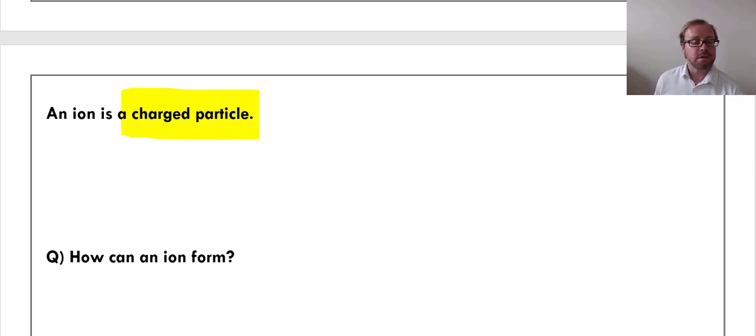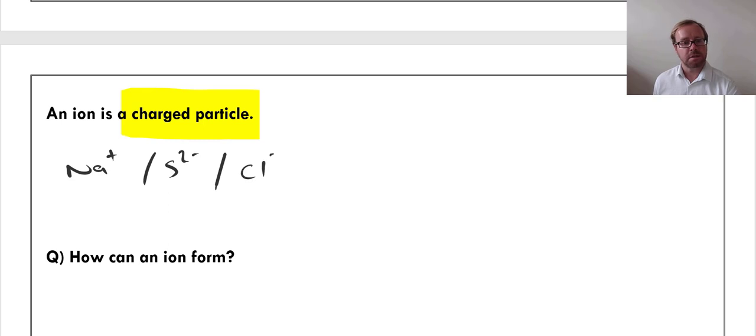Some examples of ions are Na+, S2-, Cl-, Mg2+, and so on. You will notice that there is a charge in the top right hand corner of these, meaning that it's not neutral, therefore it is not an atom.